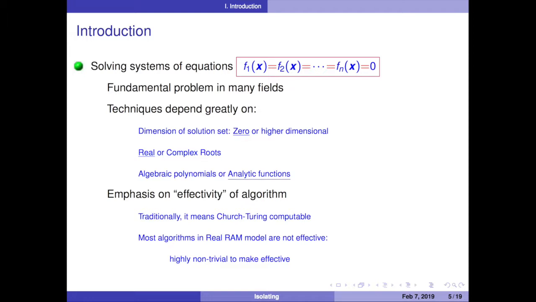So you mentioned techniques depend greatly on those ingredients. How about the definition? What is the meaning of solving? Right. There are different meanings for solving. For the case of root isolation, we want boxes that contain exactly one root. And if you have a non-zero dimensional system?